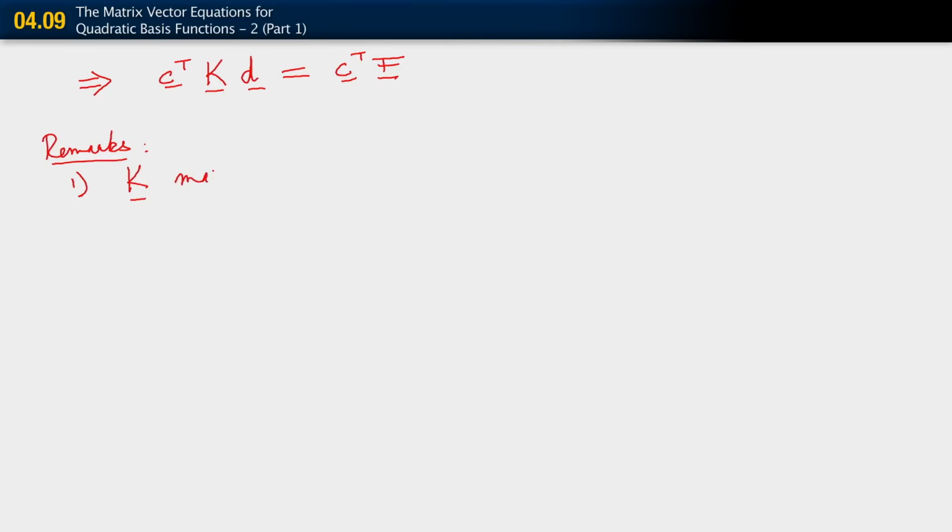K matrix components are different from linear case. Okay.